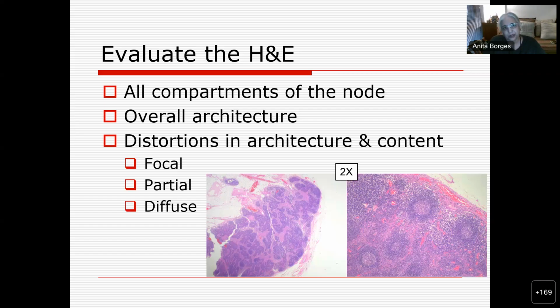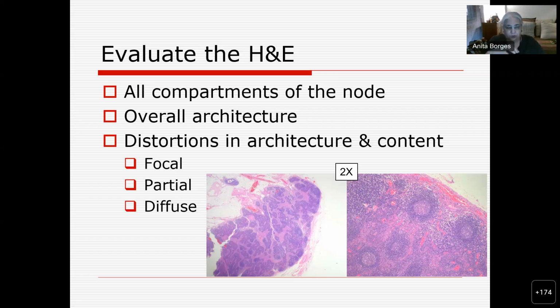And you can see very clearly over here on the right hand side, which is a blown up picture of what is happening on the left. We believe that the cortex is something that is full of reactive germinal centers, and the paracortex, we are told, or have been led to believe, is all about the T zone.